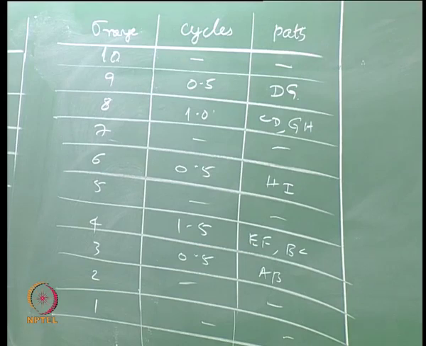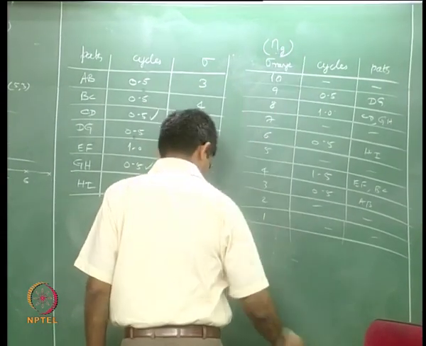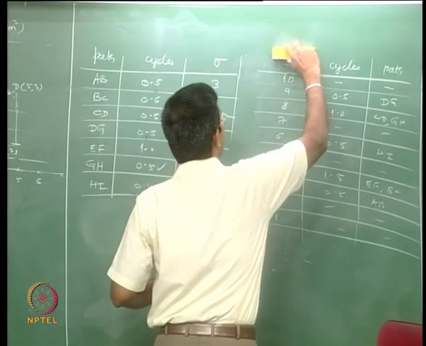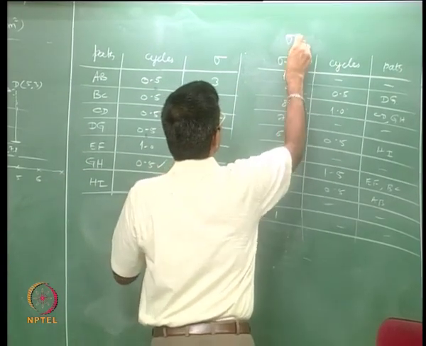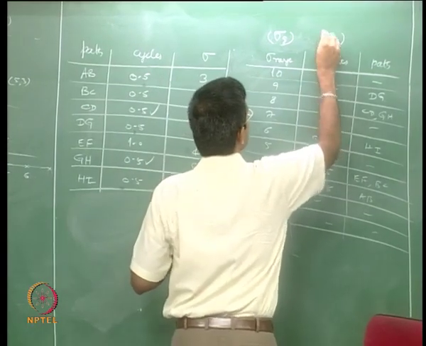So the stress range is what we call sigma g, the stress range of the group, and the number of cycles is ng.